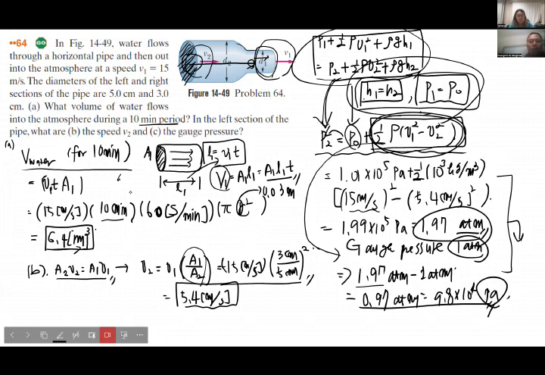But I just gave you a step-by-step procedure to explain the conceptual idea of how the gauge pressure is estimated, the general procedure. But as I said, P naught is atmospheric pressure. If you move this P naught to the left-hand side, P2 minus P naught itself is already the gauge pressure. Okay.